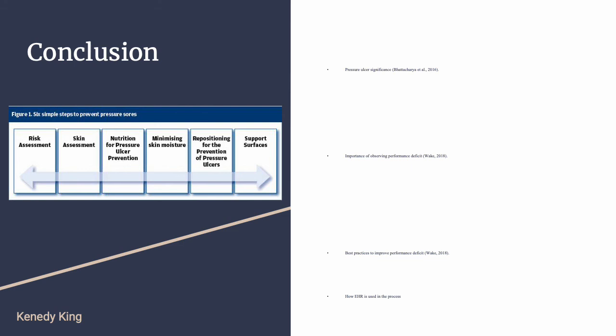As far as significance goes, the majority of people affected by pressure injuries are those having health conditions that encourage immobility, especially those who are confined to a bed or chair for a prolonged amount of time.